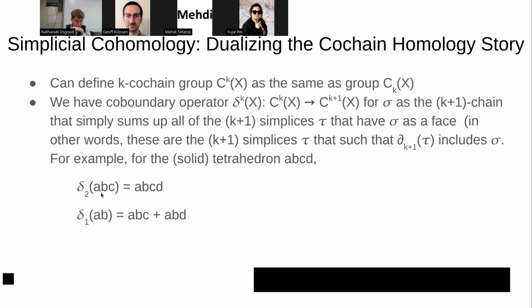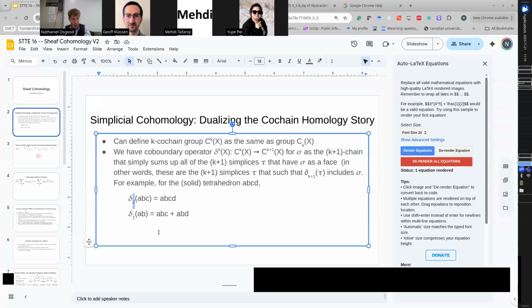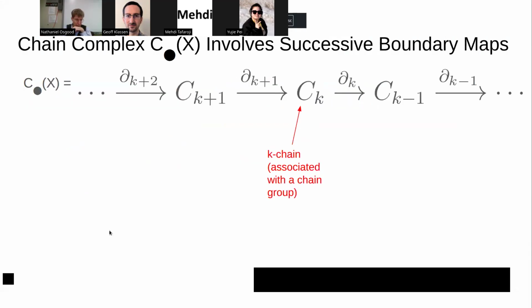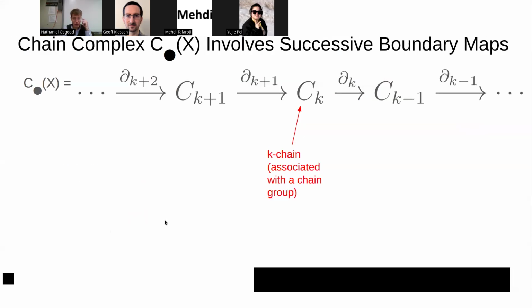So ABC might be mapped to from ABCD, and these should all be with capitals. Okay. AB might have been included from ABC and ABD. Okay.